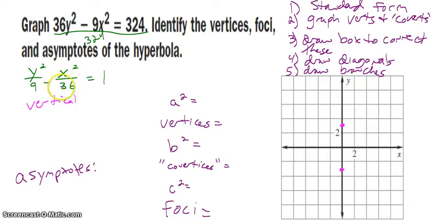So square root of the number underneath the x is 6. Now I draw a box to connect these points, and I do want to stay so that my width and height correspond to wherever I drew my dots.